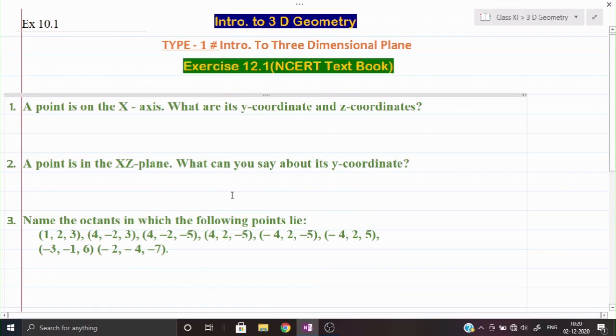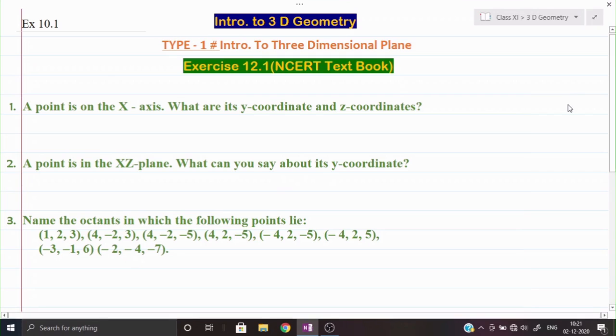See the first question, what is given to us? A point is on the x-axis. What are its y coordinate and z coordinate? Now think, if a point lies only on the x-axis, the other coordinates will definitely be 0. We know this from the coordinate plane also.